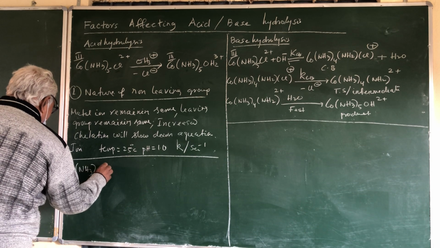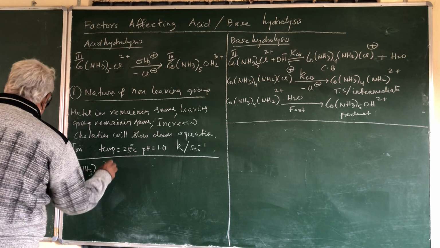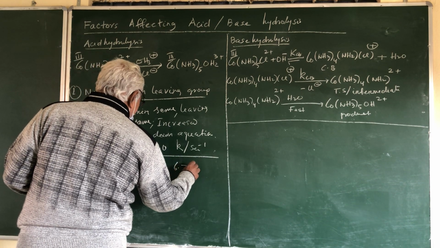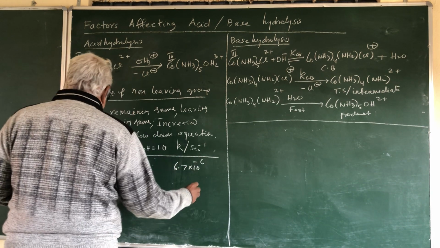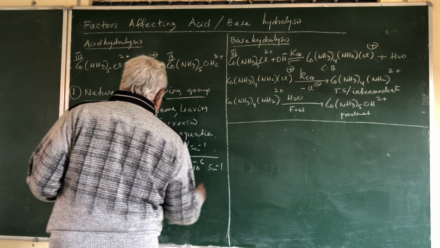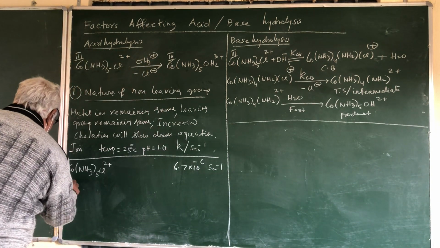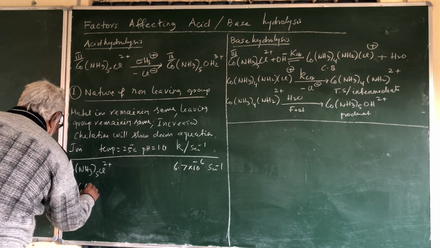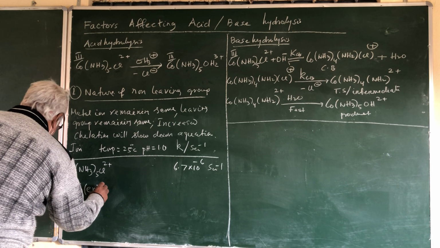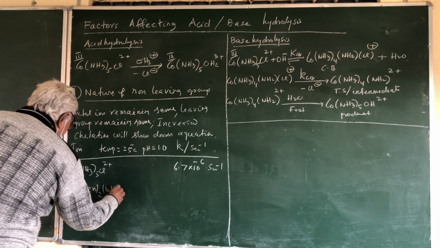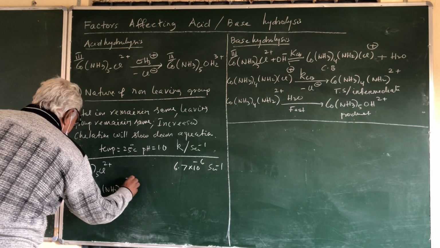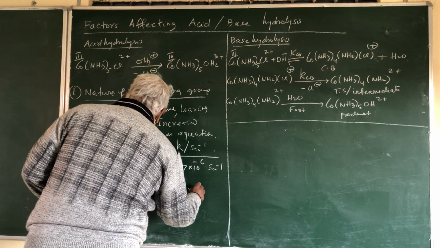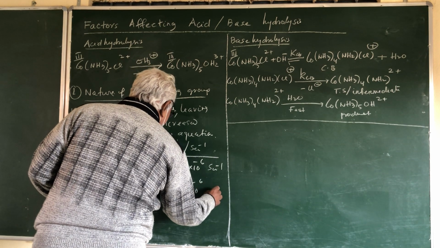[Co(NH3)5Cl]2+. Rate constant is 6.7 into 10 to the power minus 6 second inverse. Another is cis, the rate constant is 1.4 into 10 to the power minus 6 second inverse.